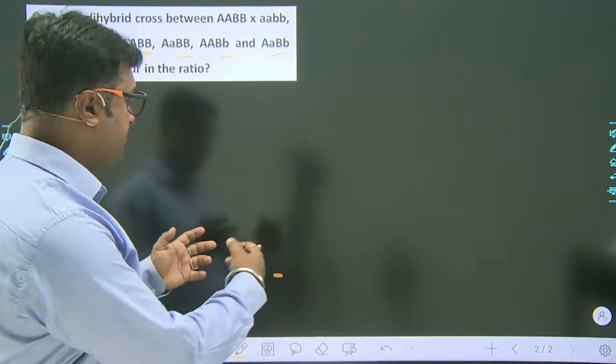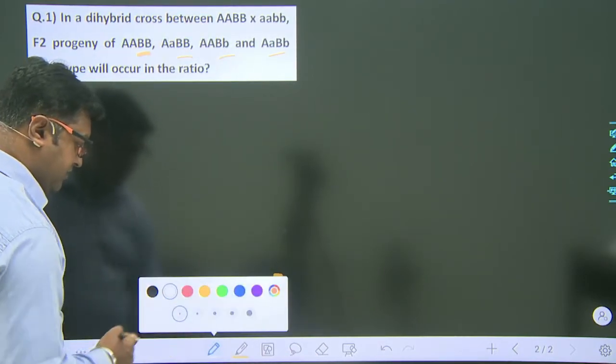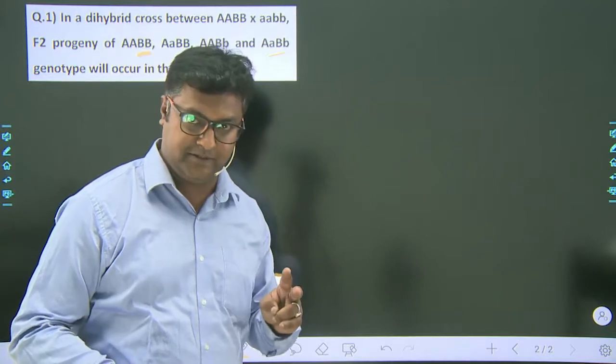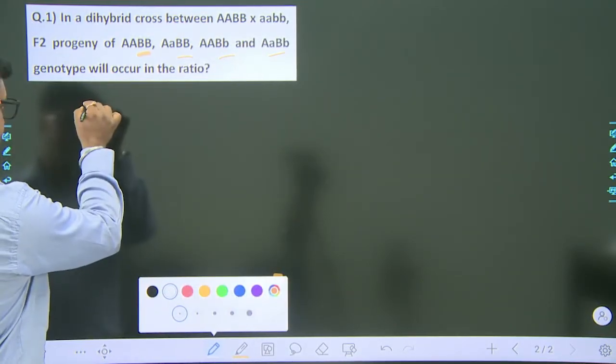Clear? Before proceeding into this type of questions, you have to remember two formulas.